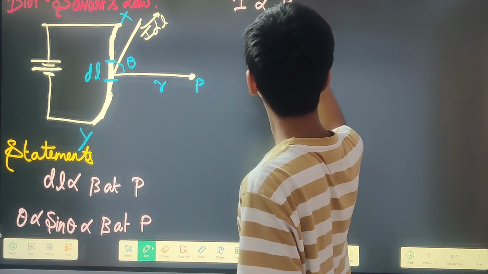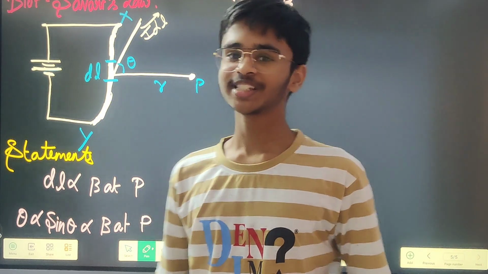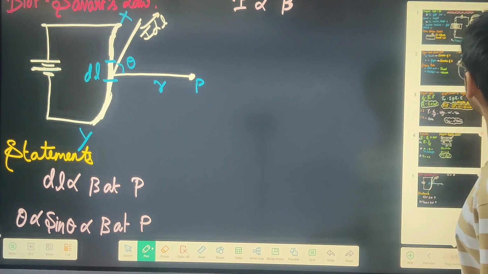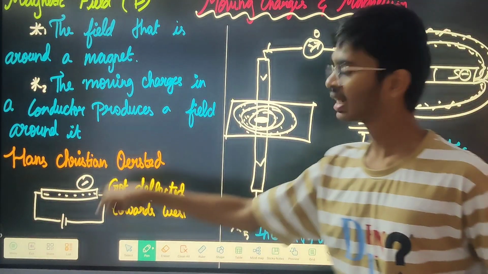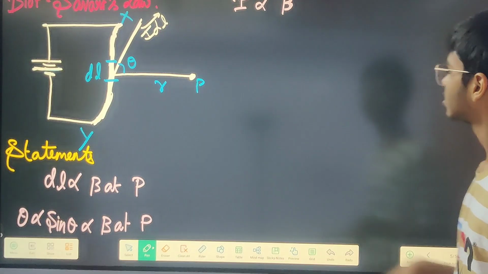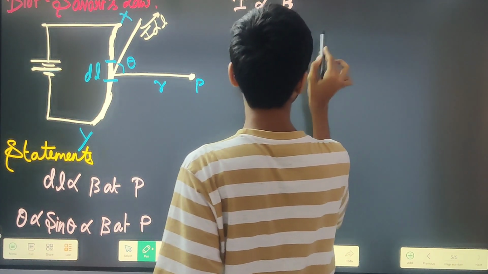Then after that, it is inversely proportional to the distance. I said in the first clip itself that it is inversely proportional to the distance. Here also, it is inversely proportional to the distance square. B is inversely proportional to r square.